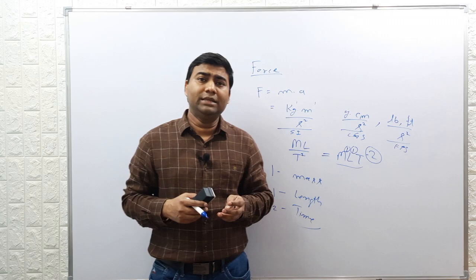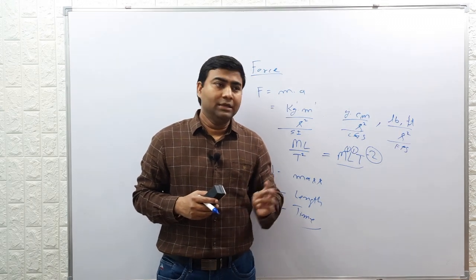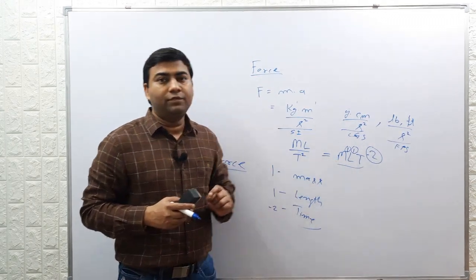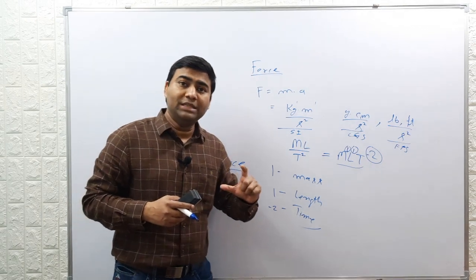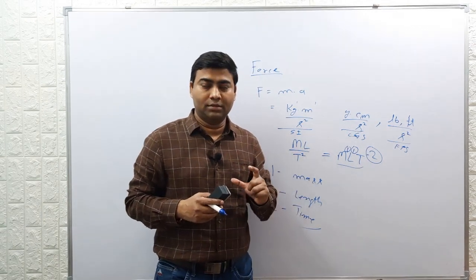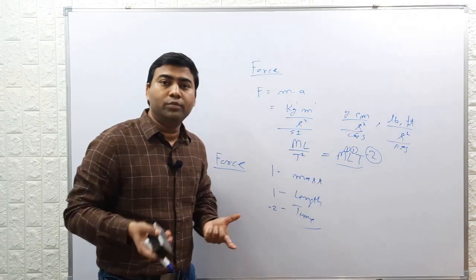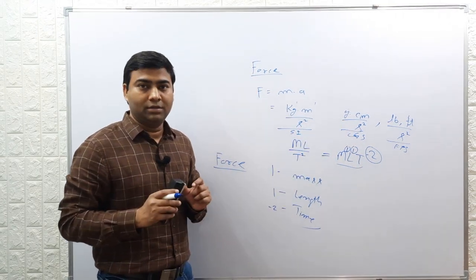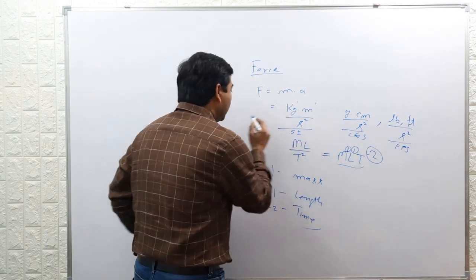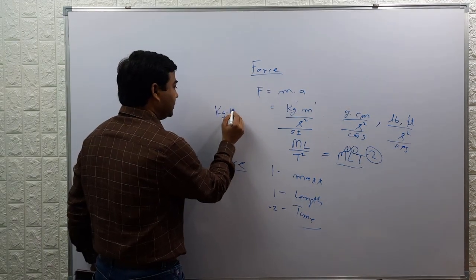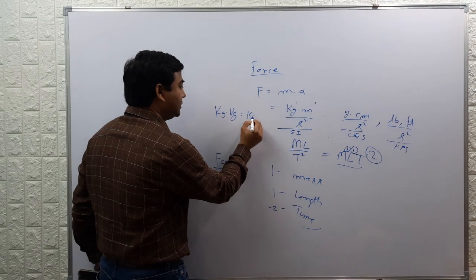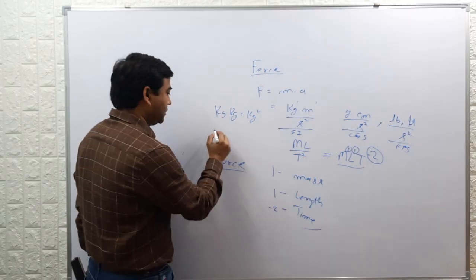Now the next thing in the dimensional formula is that the symbols used in it obey the rules of algebra, as the symbols which are used in units also obey the rules of algebra. That is, kilogram into kilogram, we write it kilogram square.